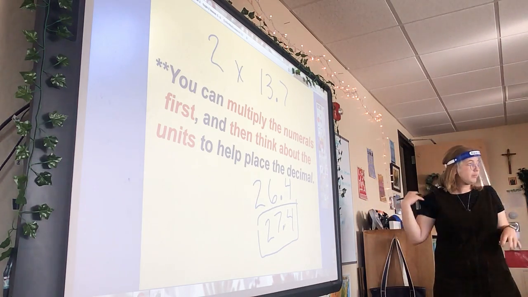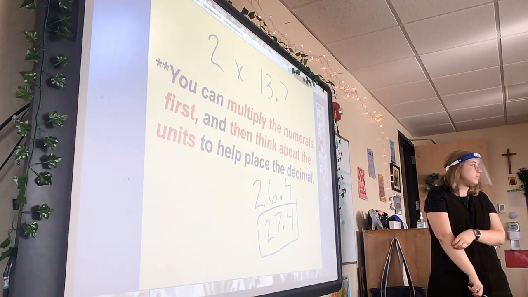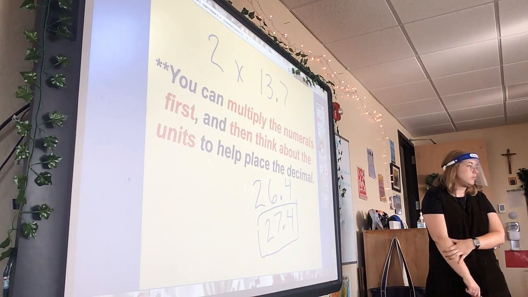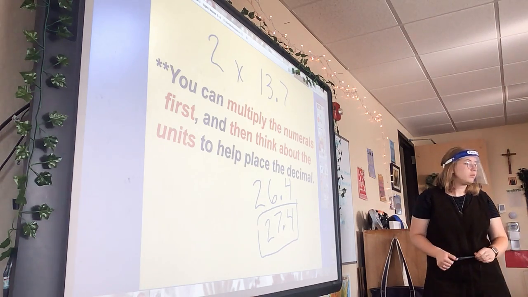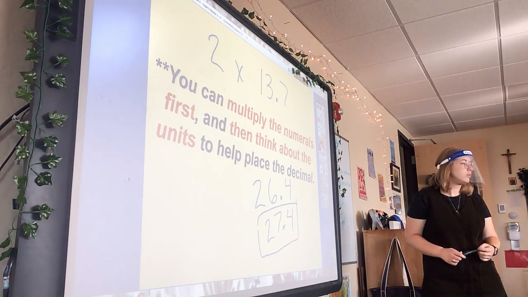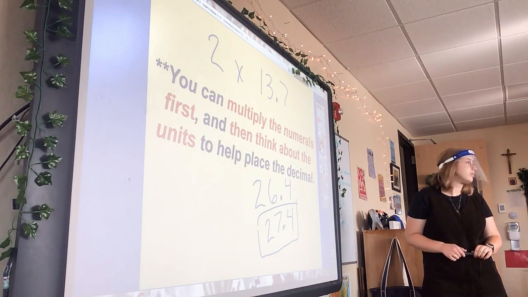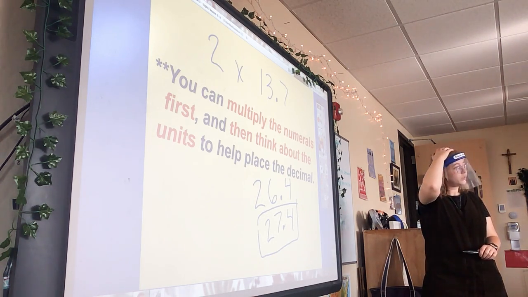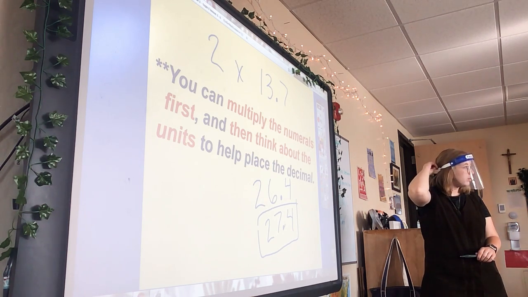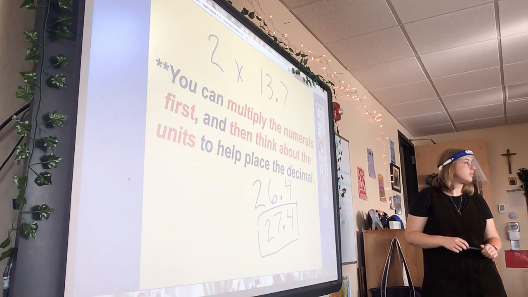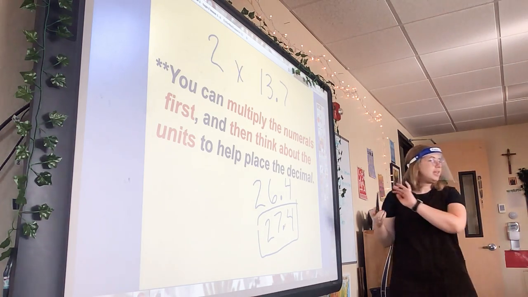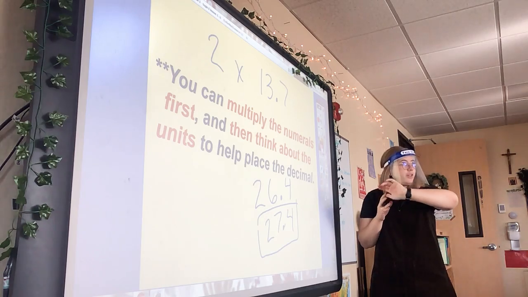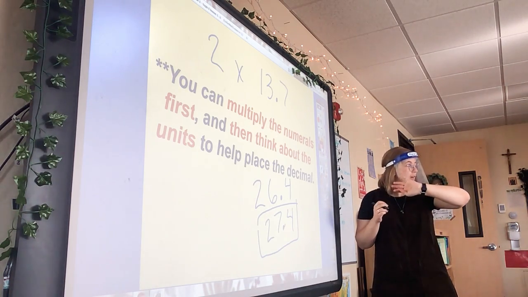So if it was 1 and 37, and it was 4, if it would make a bigger number with the 3, I would just push it over. So bottom line, you're going to keep pushing it over, but remember that after this, we're going to do the standard algorithm, and that part will make a lot more sense.